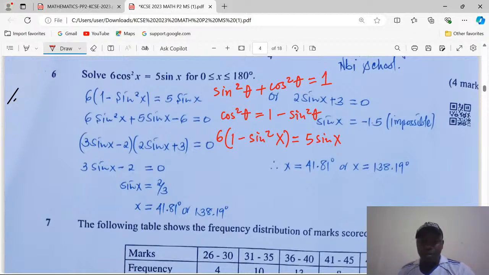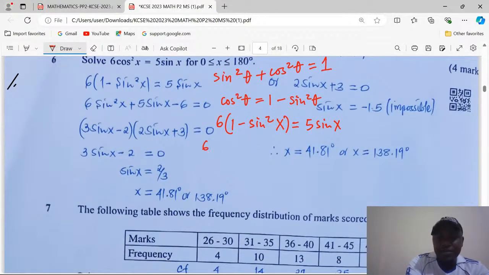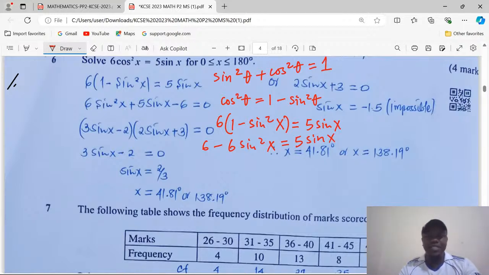So we have 6 minus 6 sine squared of x equals 5 sine of x. We can rearrange this equation such that it takes a quadratic shape.